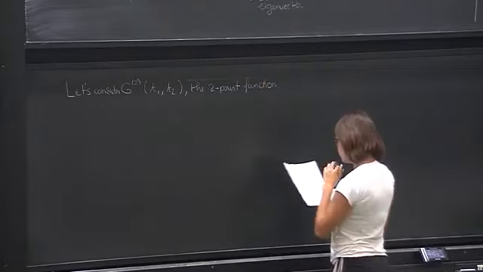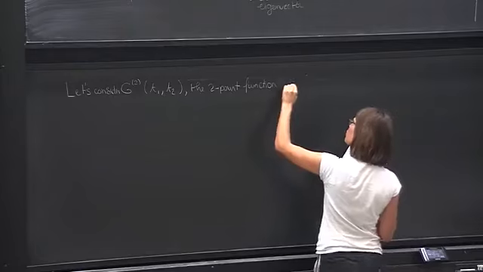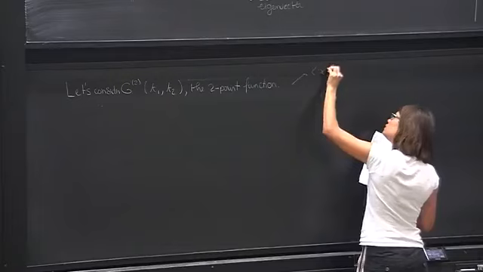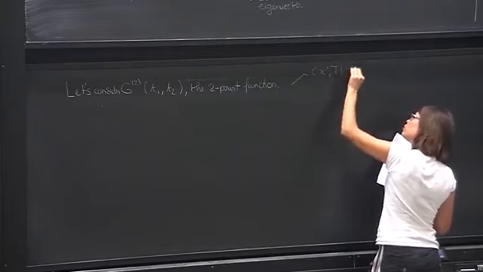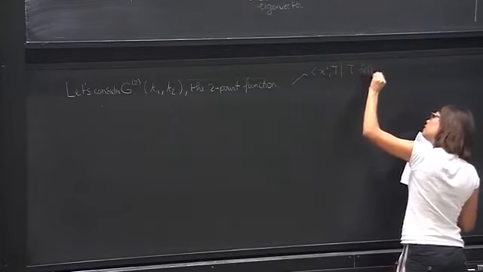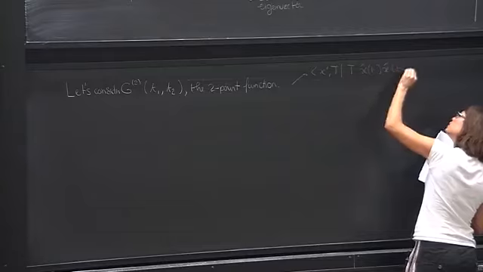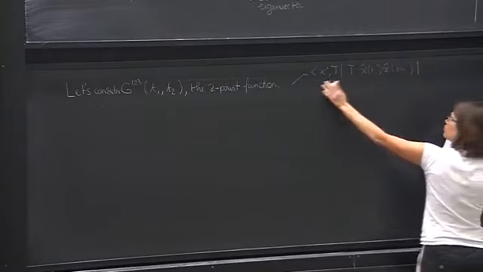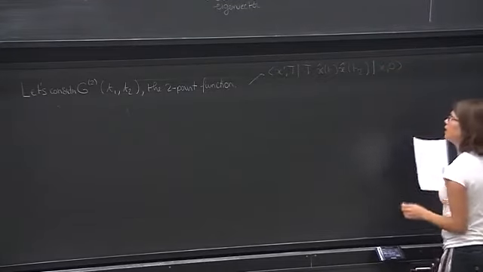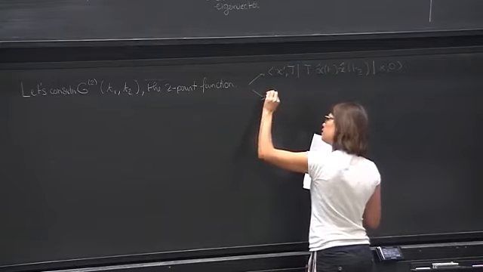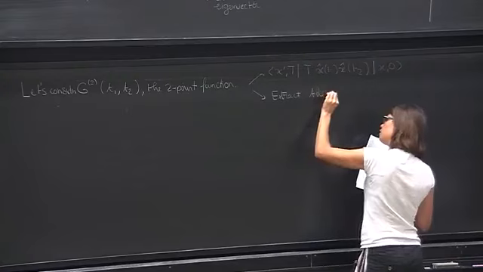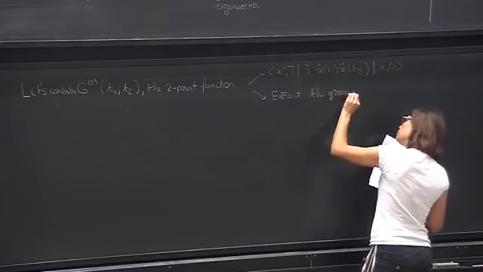Okay, and so as I said, we're going to do it in 2 steps. So the first step is going to look at this object, meaning that we look at the time ordered product, the T product of x(t1) and x(t2) between 2 arbitrary vectors, and then the next step will be to extract the ground state or the vacuum contribution.